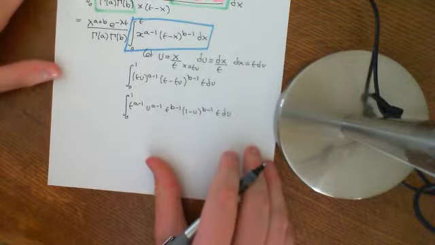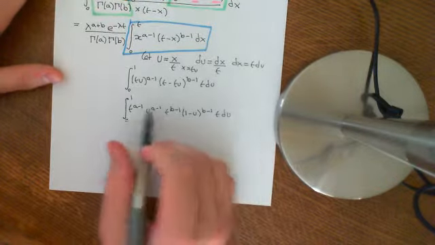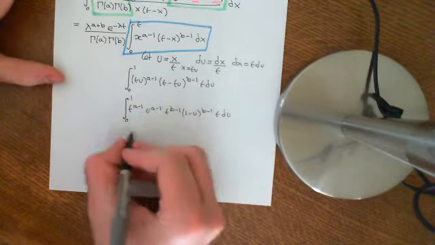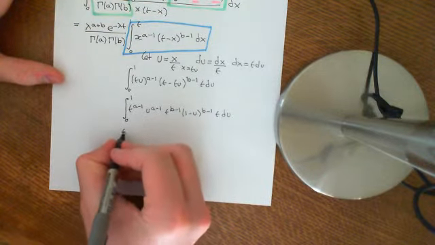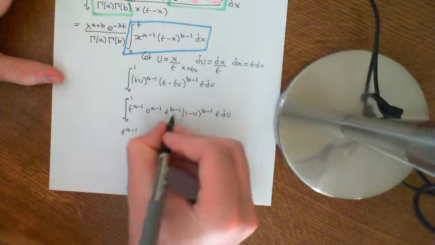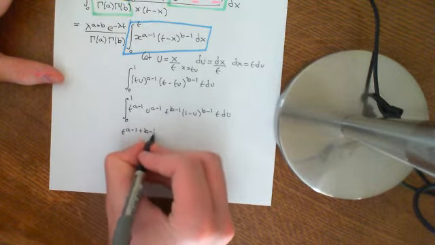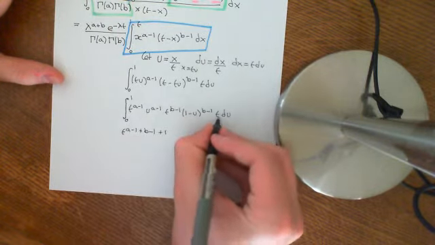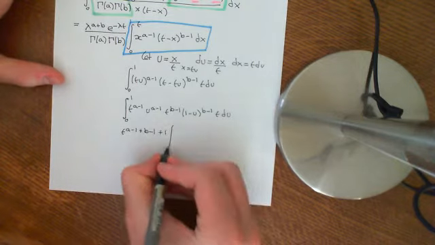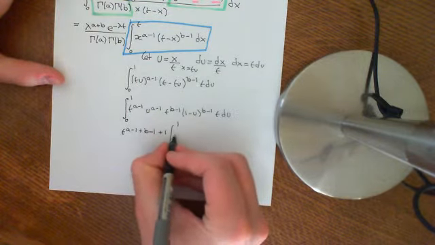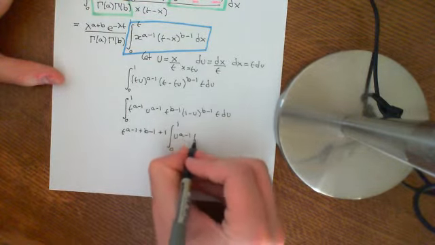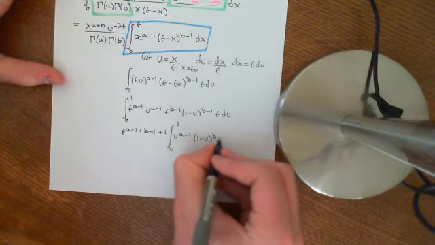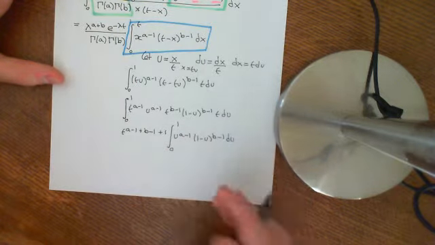Okay, right, as far as this integral is concerned now, the t's play no part in the integral, so pull them all out, and you'll get that this is t to the power of a minus 1 plus b minus 1 plus 1 from this one over here times the integral from 0 to 1 of u to the power of a minus 1, 1 minus u to the power of b minus 1 du.